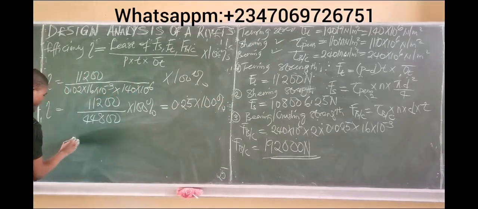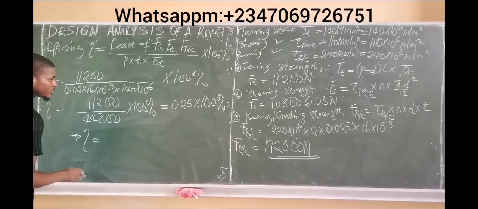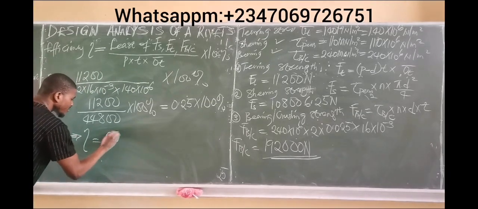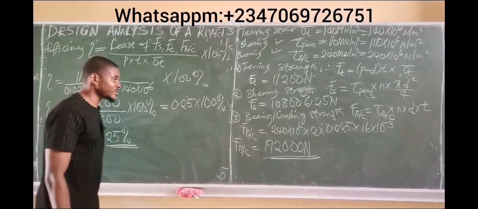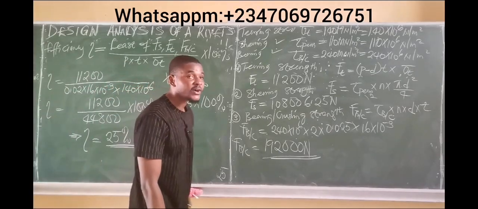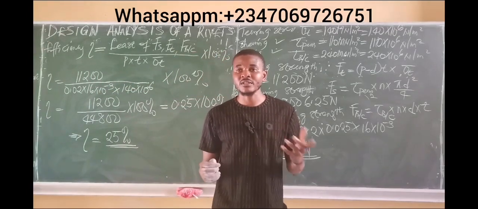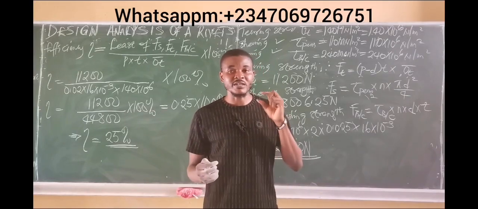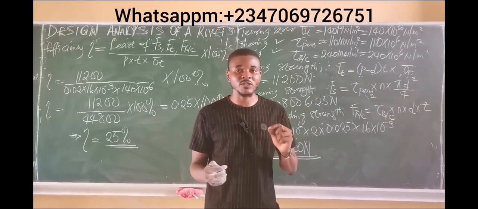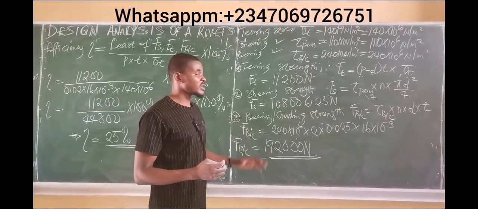So this simply implies that the efficiency of that rivet is equal to 25%. So the rivet is actually 25% efficient. All right. So guys, that's the first calculation on the design analysis of a rivet joint. As I said earlier, the rivet strength is always the least possible number between the tearing, crushing, and the shearing strengths.